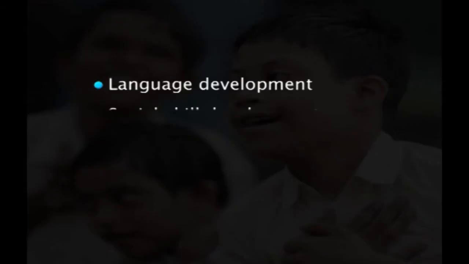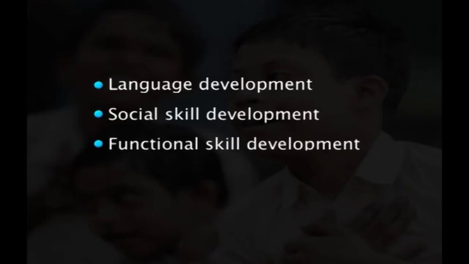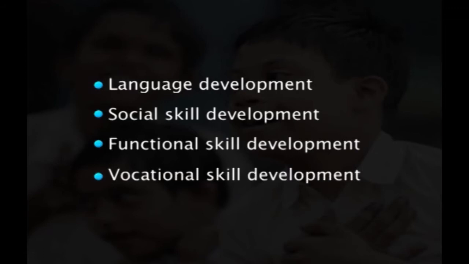In order to effectively address the considerable needs of individuals with multiple disabilities, educational programs need to be incorporated into a variety of components, including language development, social skill development, functional skill development and vocational skill development.